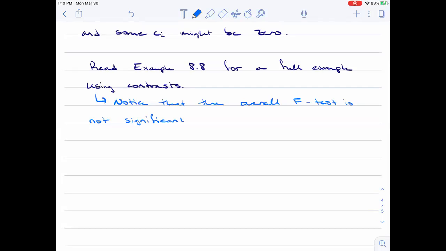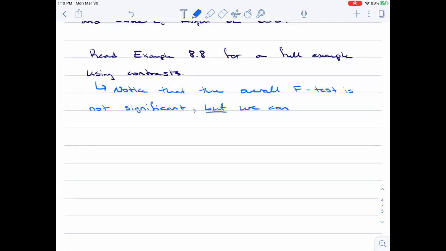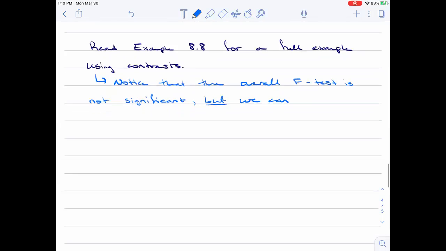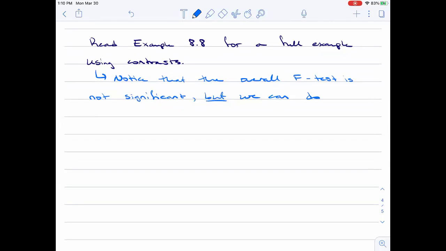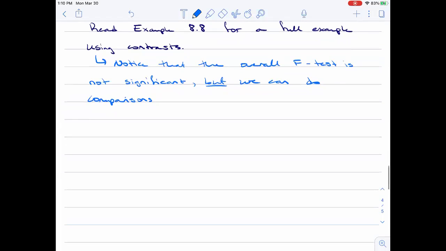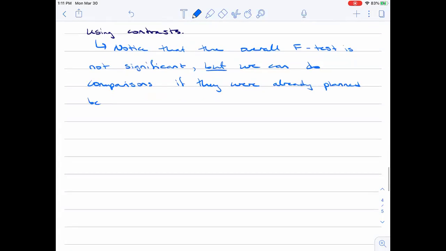But we can do these contrasts if they were already planned before collecting the data.